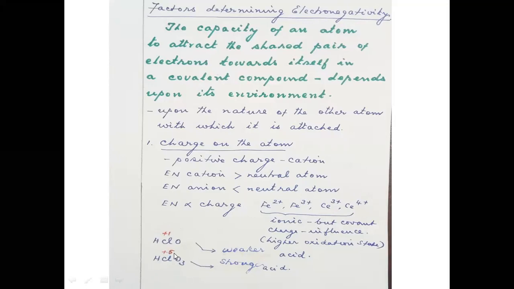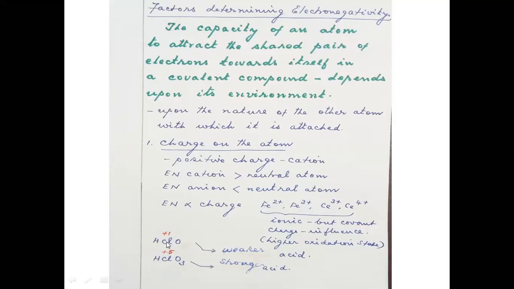This is a compound in which chlorine has the oxidation state +1 and this chlorine has the oxidation state +5. It doesn't mean that the chlorine has come out with a +5 charge or a +1 charge, as in the case of Fe2+, Fe3+, Ce3+, Ce4+. In this compound, even before ionization, the chlorine is having this charge of +1.